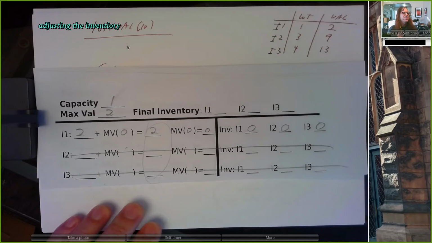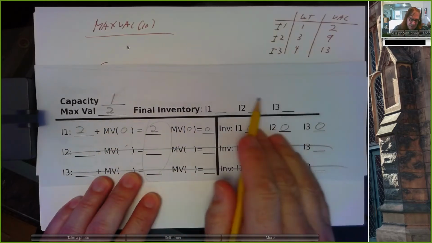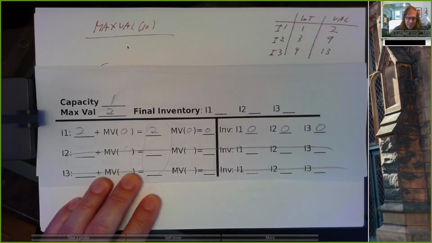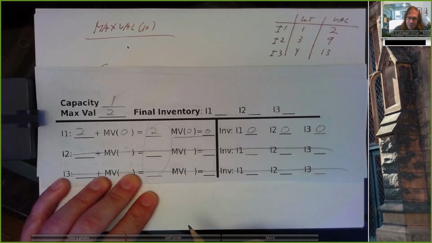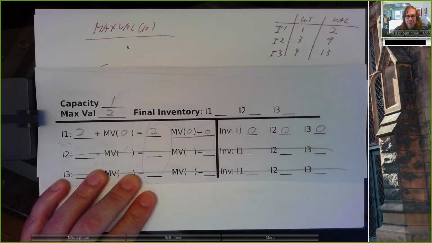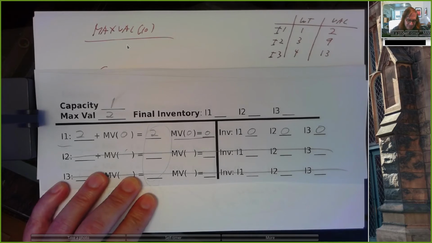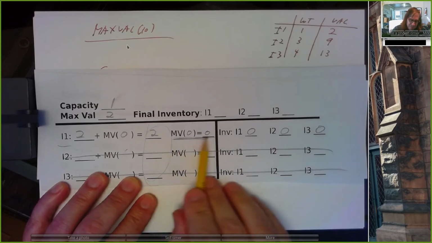Here's the tricky part. In addition to recording the maximum value, we want to record the inventory that gets us that maximum value. How do we do that? Look at the inventory which got you this maximum value and bump up the count for item 1. All right, let me say it again and think about it. This inventory tells us how we get this maximum value.